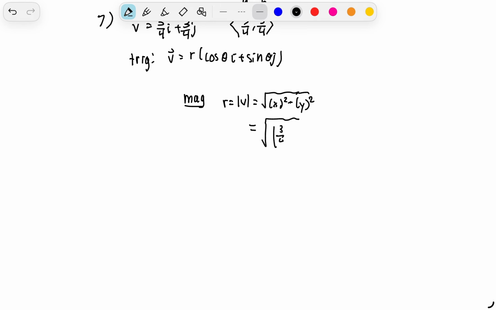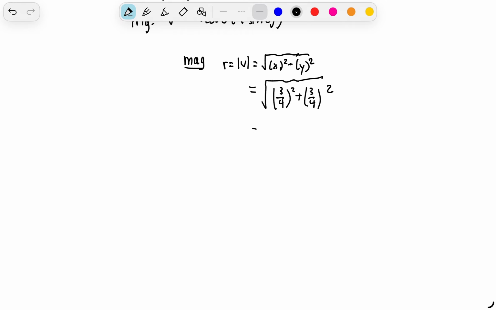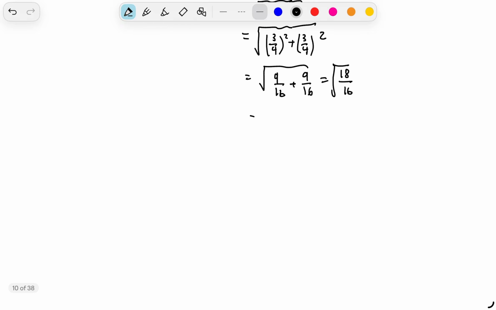So we're going to have 3 over 4 squared, so this is equal to 9 over 16, plus 9 over 16, that's going to be 18 over 16. And then 18 over 16 is the same thing as 9 over 8.